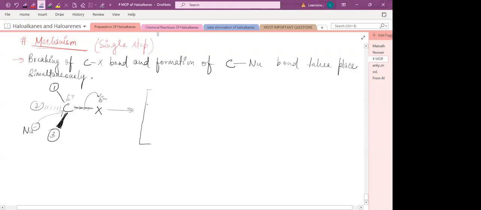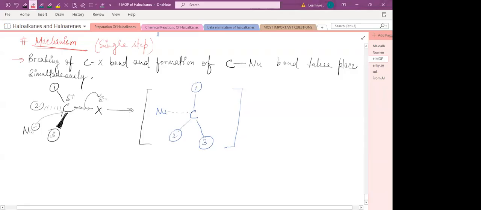So basically, this reaction occurs via a transition state. Here is the carbon with the first group, second, and third. Now you can see over here, this is the new bond formation, where the nucleophile is attached to this carbon center.